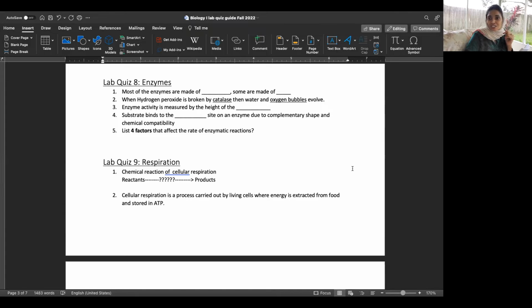I can't see if you're raising only a physical hand. Yes, Brittany. I have temperature, pH, concentration, and reactants. Concentration of what? Substrate concentration. Substrate concentration and product reactants.